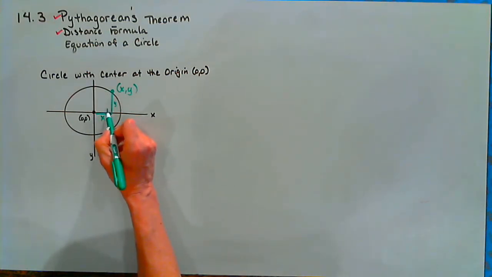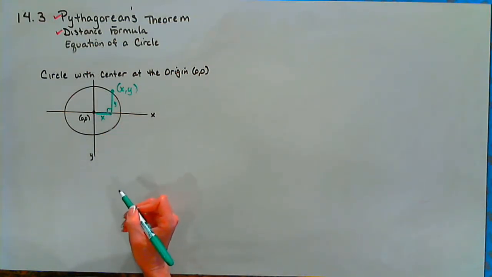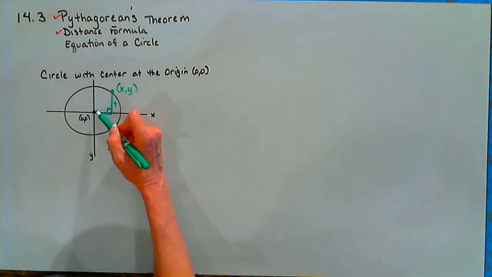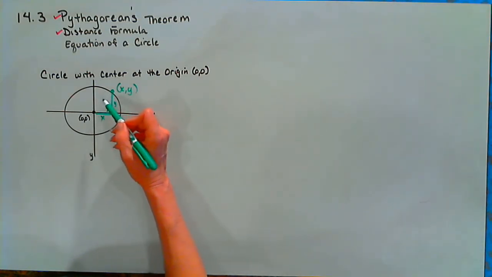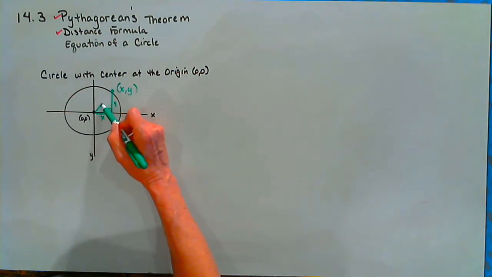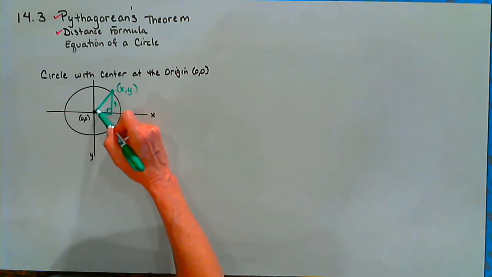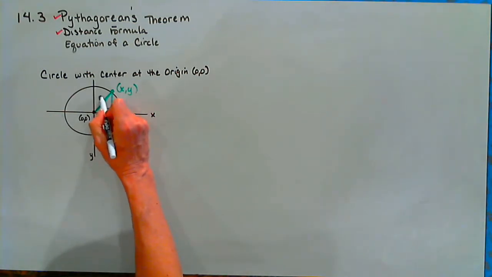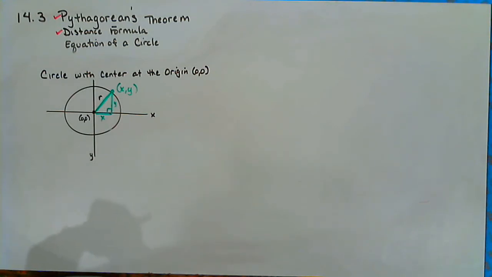You just created a right angle because it's on the rectangular coordinate system. But look at what else you have. The shortest distance from where you started at the center to the point on the circle is this diagonal. And if we look at the circle, that diagonal line represents the radius of the circle.